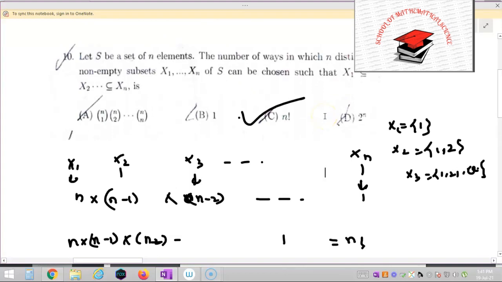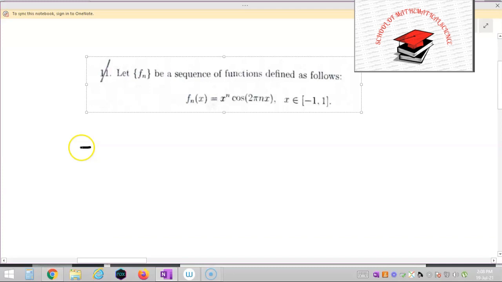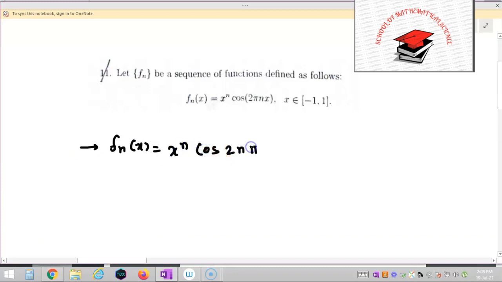Now let us solve the question number 11, which says that fn(x) is equal to x to the power n cos 2nπx, where x belongs to [-1, 1].